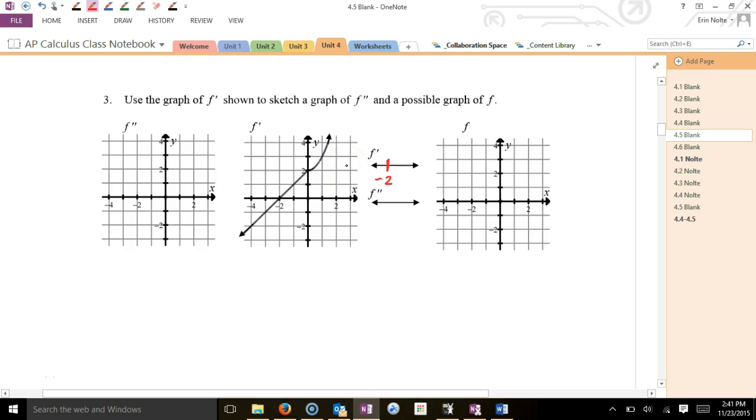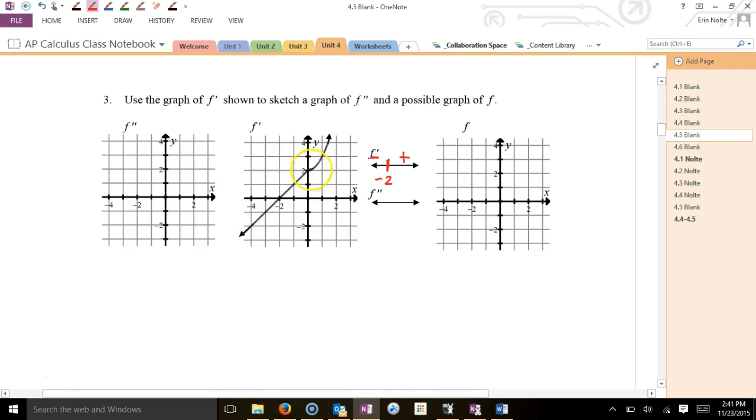Basically I'm going to look at that and say the slope to the left is below the x-axis, so I have a negative slope, and above it everything is positive. When I go to my second derivative, I'm looking for any place where the slope is 0.